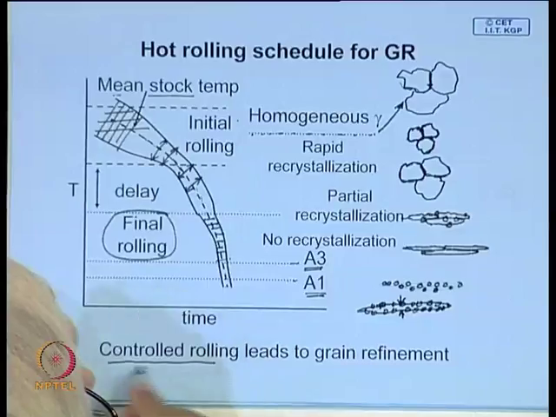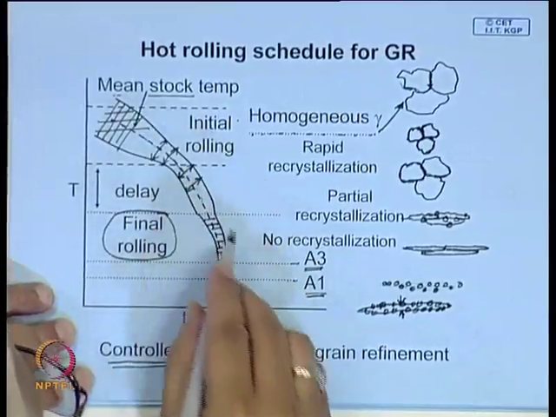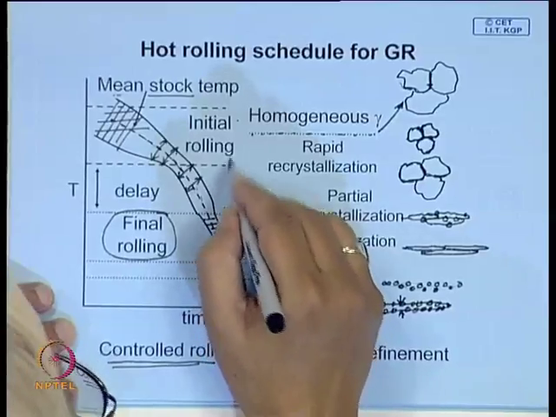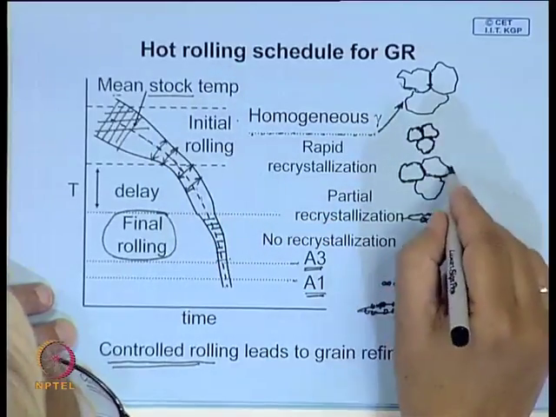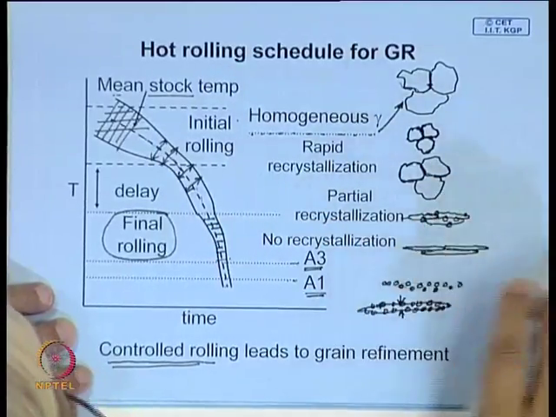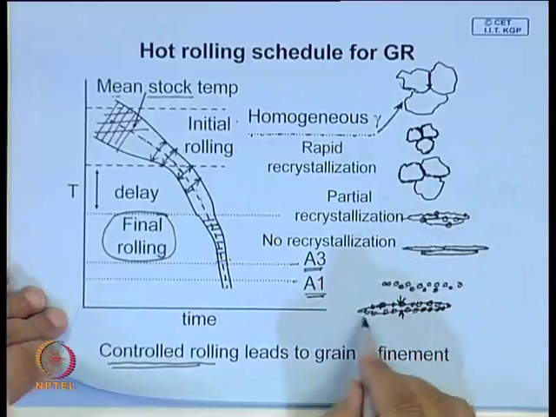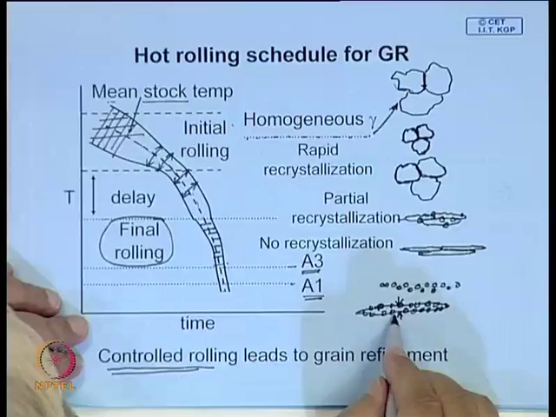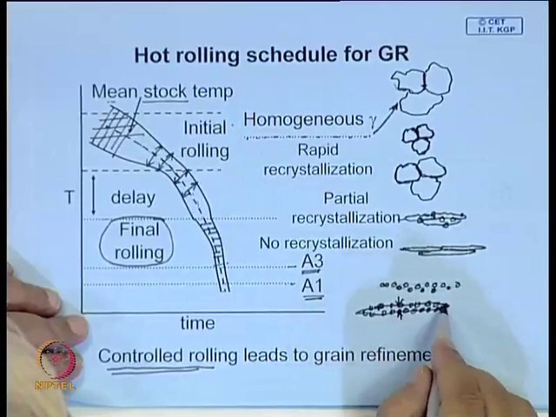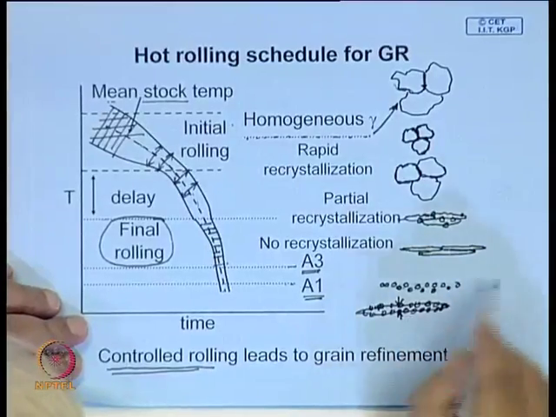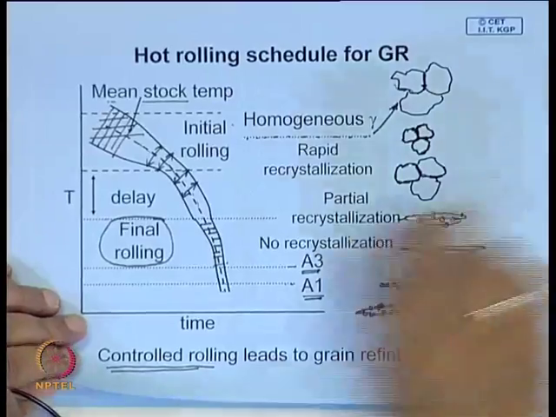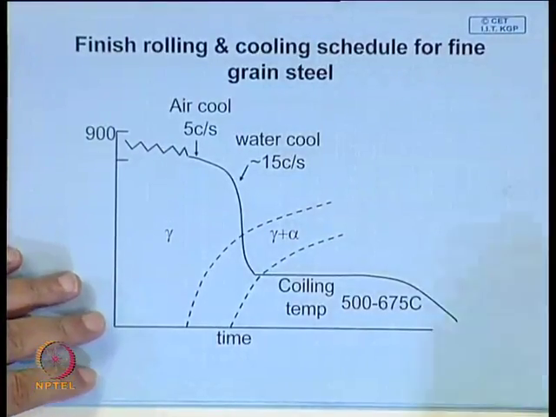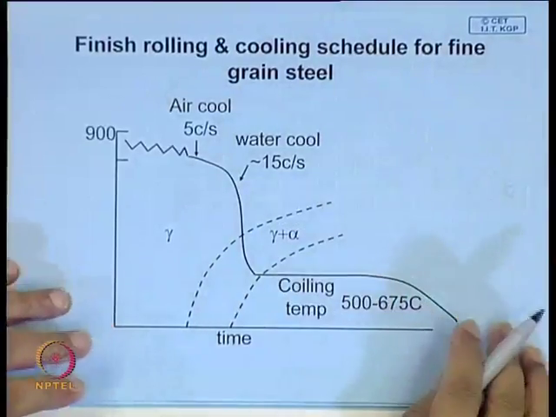You roll in such a way, you control the temperature, control the cooling rate, so that here you can delay, but you may be able to cool it a little faster, so that even this grain growth can be stopped. And finally, this is the stage when the ferrite grains have nucleated, and later on we will see how it is actually done in a rolling mill.